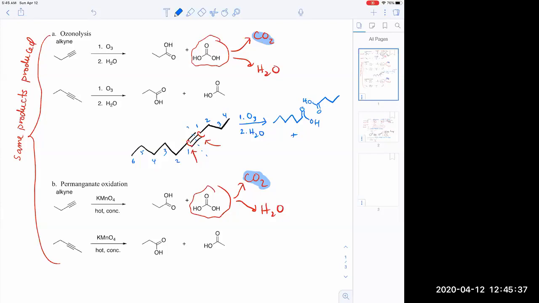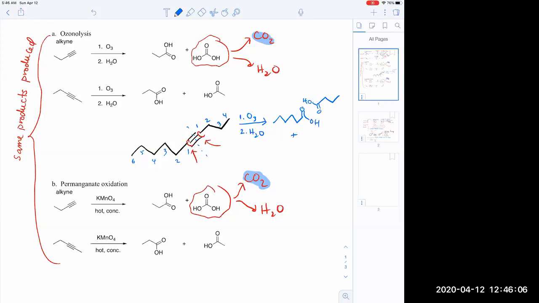Okay, now I want to do a little bit of a compare and contrast again with the oxidative cleavage of an alkene. We can see that oxidative cleavage of the alkyne produces carboxylic acids and carbon dioxide.